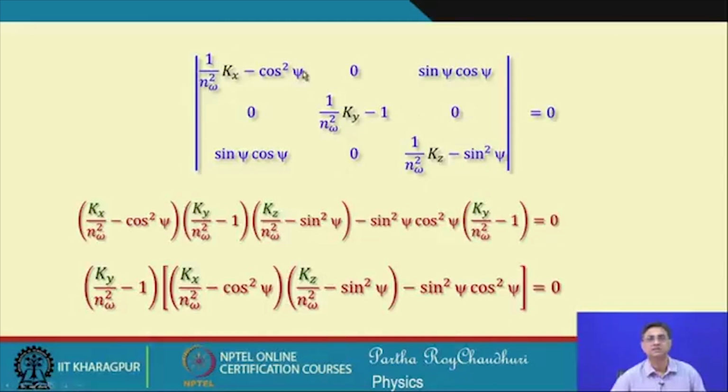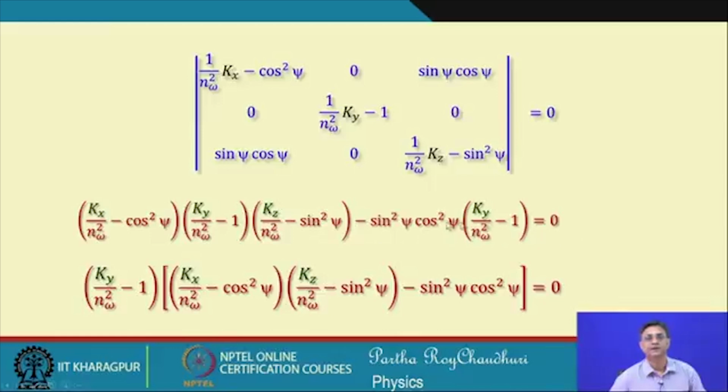So, from this determinant equation, if you open up this determinant, we can write this equation in this form, this into this minus 0. So, that is what I have written, k x by n omega square minus cosine square psi and this. So, this into this I have written, and there will be one more value, that is for this into this.